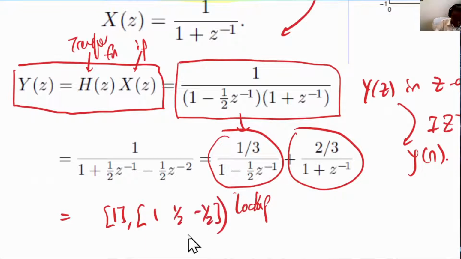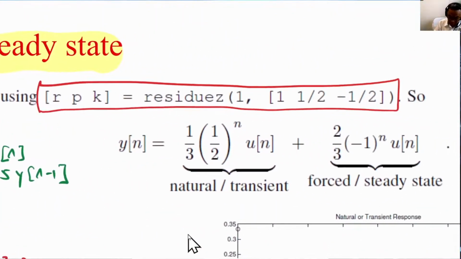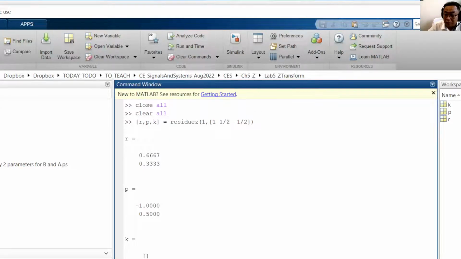And we send this to the residuez to get the RPK using MATLAB. Let's see what's the MATLAB answer now. So we have R is 2 over 3 and 1 over 3. P is minus 1 and half.